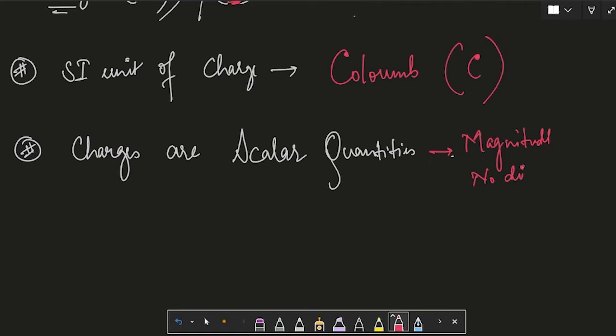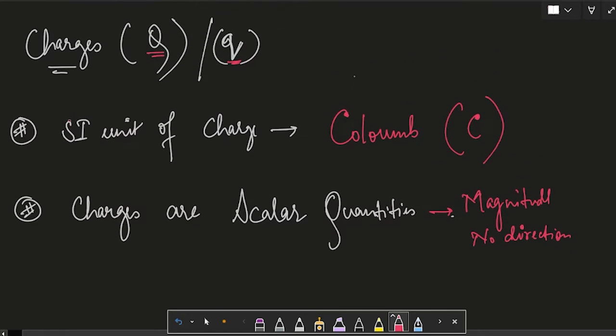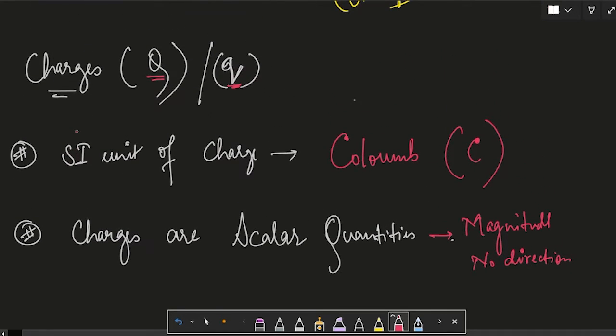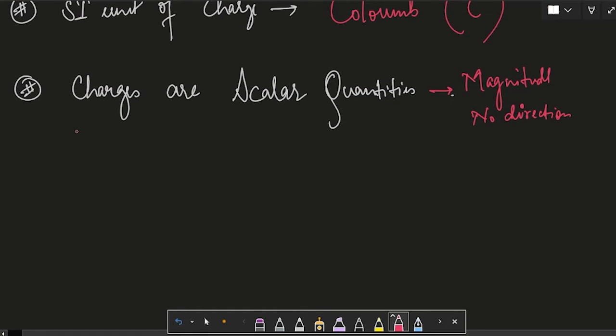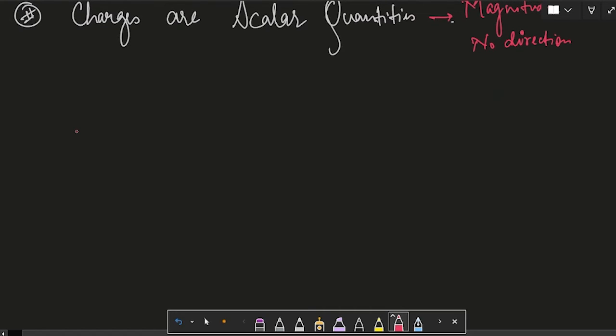So no direction, only magnitude. So you need to remember the charges are a scalar quantity. It is denoted by a symbol Q, and it has an SI unit named after a scientist, which is Coulomb. All right.